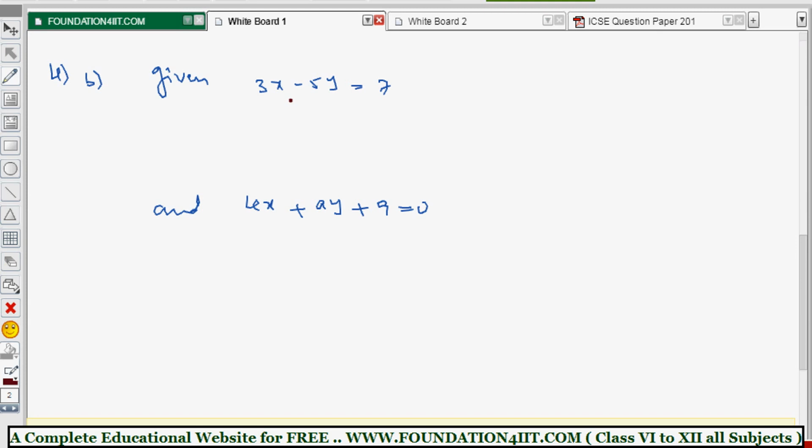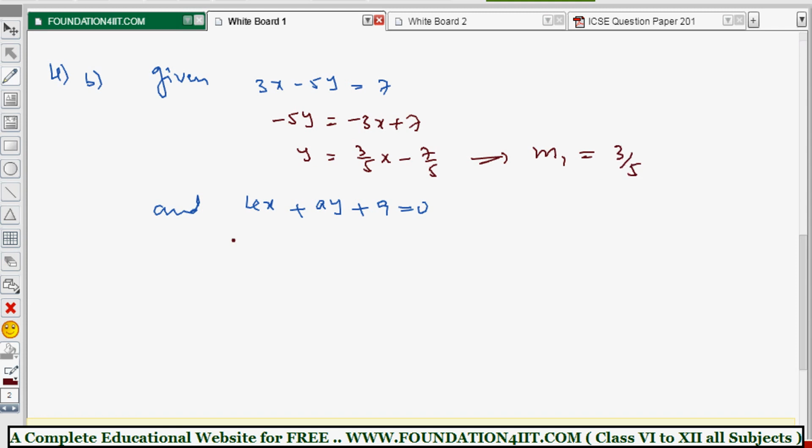3x minus 5y is equal to 7. So you can convert it to y is equal to mx plus c. So minus 5y is equal to minus 3x plus 7. Then y is equal to 3 by 5 x minus 7 by 5, dividing by minus 5 on both sides. So from this, m1, the slope of the first equation, is 3 by 5.